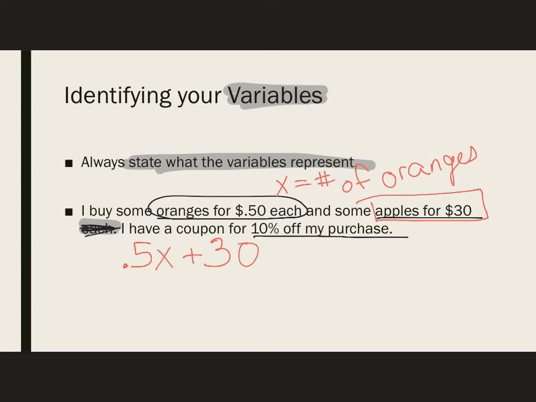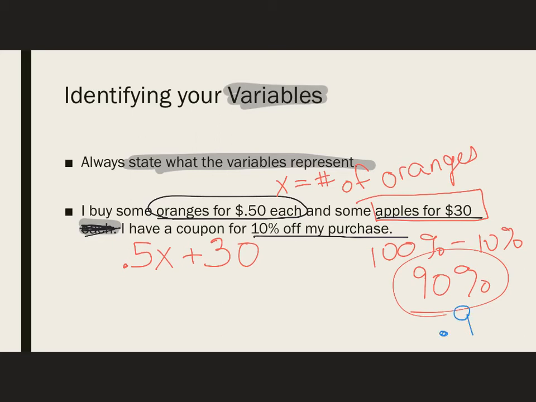And I have a coupon for 10% off my purchases. So how am I going to do that? Well, normally I'd pay 100%, right? And I'm going to subtract 10%. What does that give me? I'm left with 90%. So I'm going to pay 90%. 90% as a decimal is 0.9. So all I'm going to do is take this part and multiply it by 0.9.